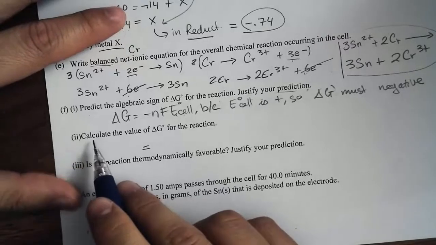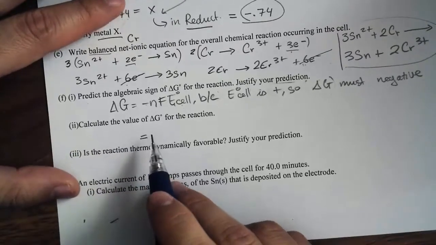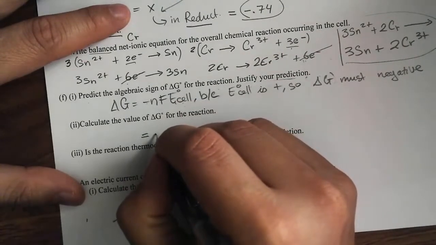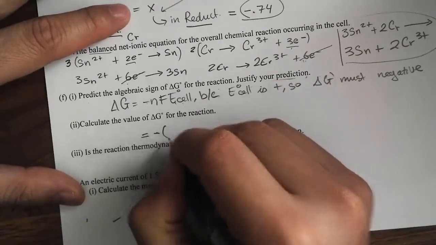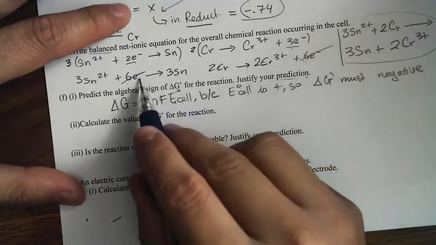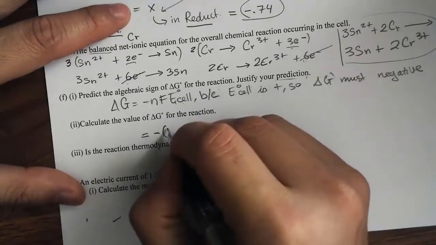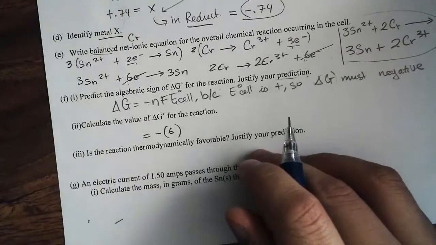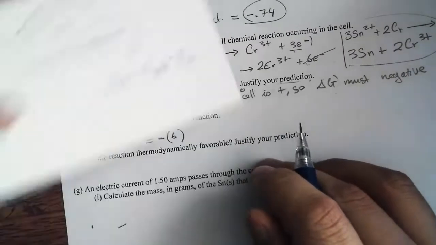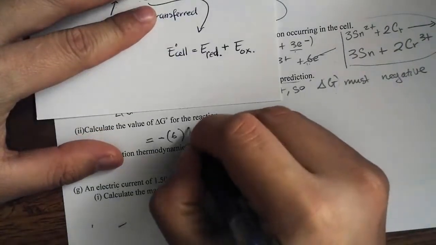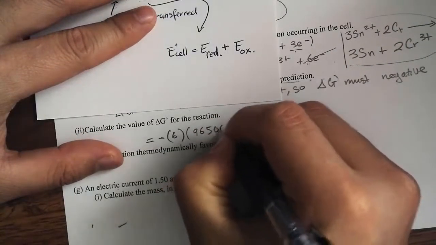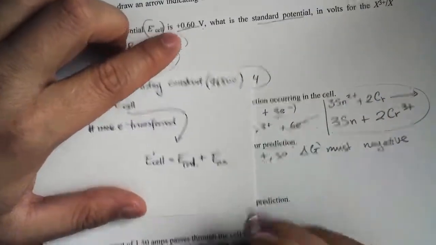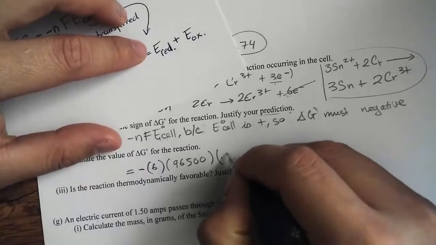Now, for the next question, calculate the value of delta G, which we just plug in. n is equal to the number of electrons being transferred. If we go back to the equation, 6 is the number of electrons being transferred. So we have 6, and what's F? F is the Faraday constant, which we know right here, which in this case is 96,500, and your E cell we know from this problem is 0.60.